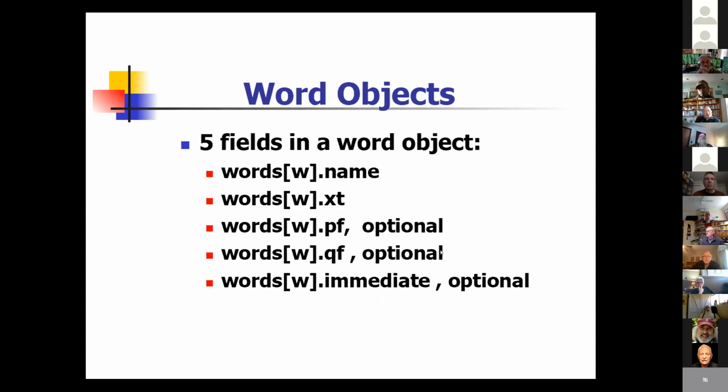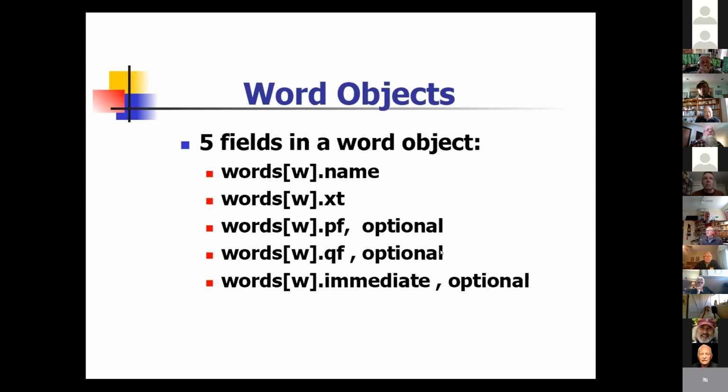So here in jeforth, a word object has 5 fields: the name field, the code field, which I called xt, the parameter field for the token list, and qf, that's the data field, which is next to the pf.